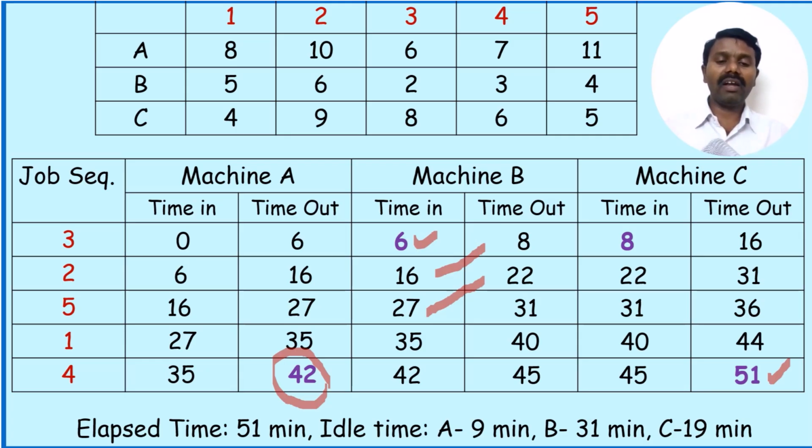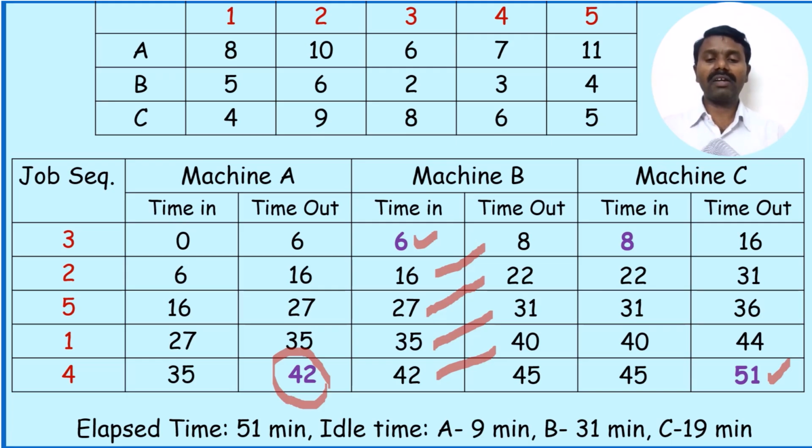Then again here 35 minus 31, there is the 4 minutes it is waiting, plus 4, and here 42 minus 40, 2 minutes it is waiting. If you add all these things, it will become 31. That means the mission B is waiting 31 minutes in total.